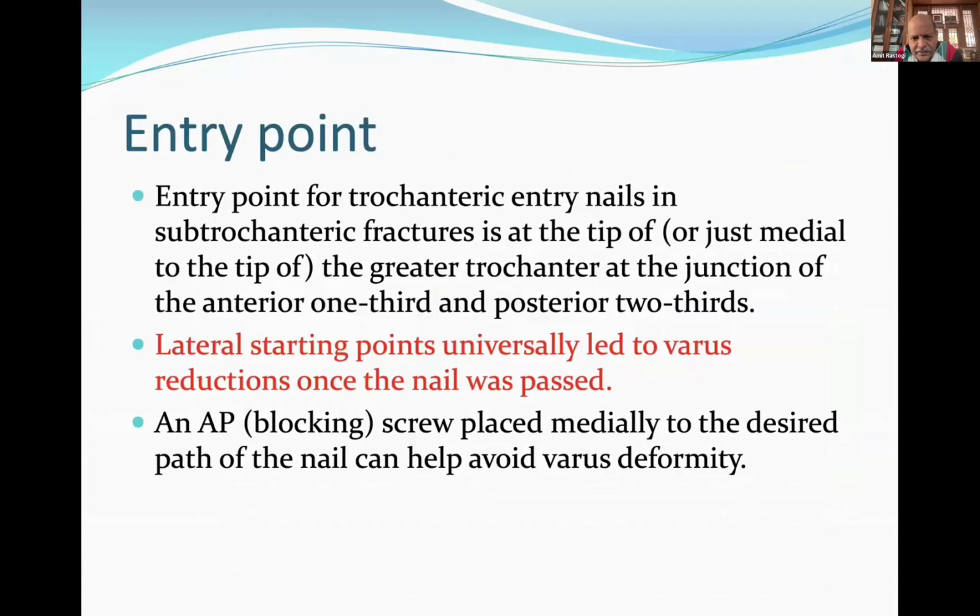Entry points, I don't use a tip of GT entry point anymore. What I actually use is a piriformis entry point for fairly stable fractures, and even more medial to the piriformis if you've got a fracture line which is going into the piriformis fossa.